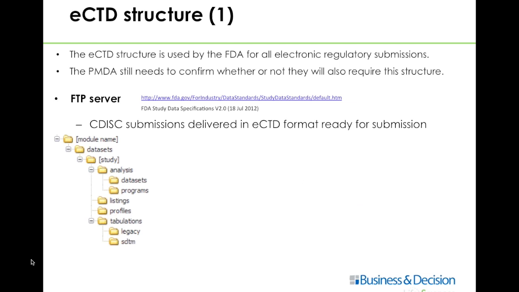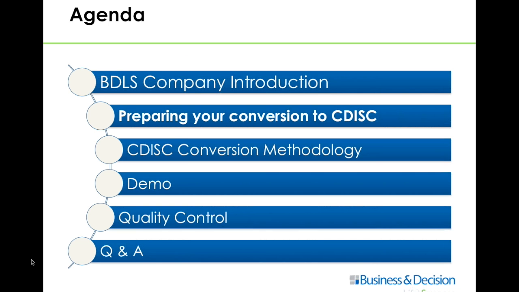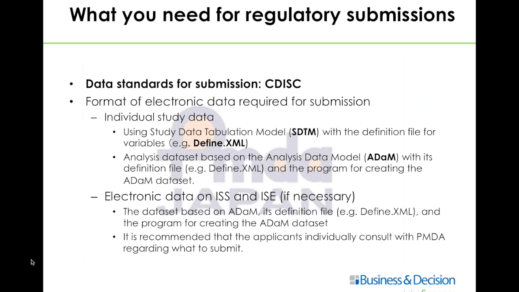So, firstly, we'll need to talk about the eCTD structure, which you've seen in one of Stephen's previous slides. What you'll need for your regulatory submission is, first of all, the CDISC standards, of course.